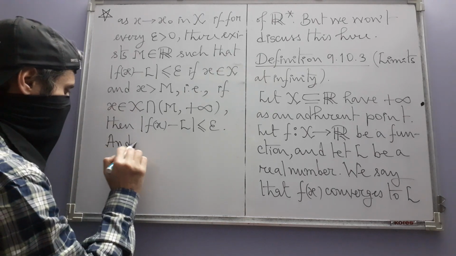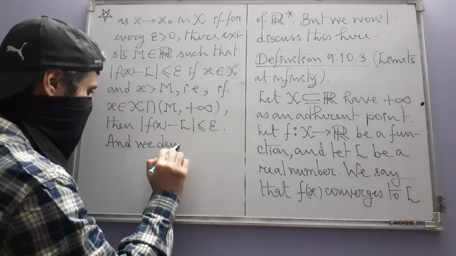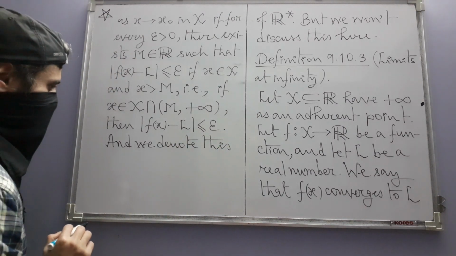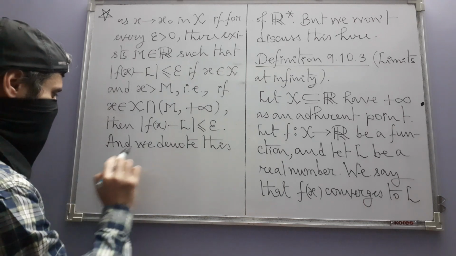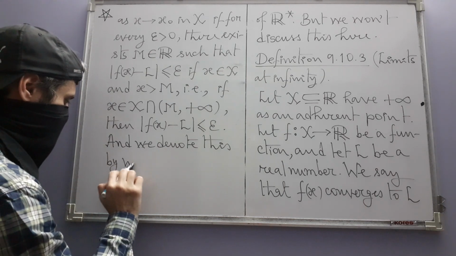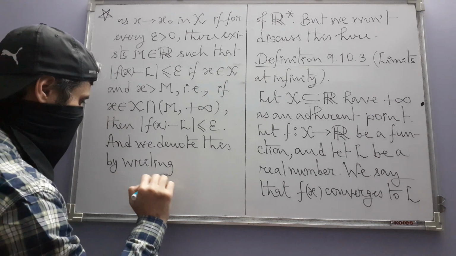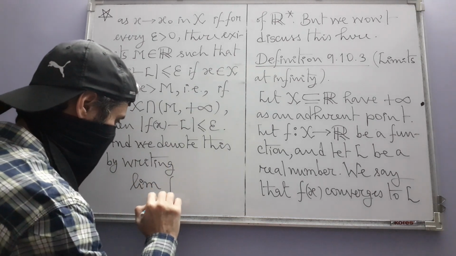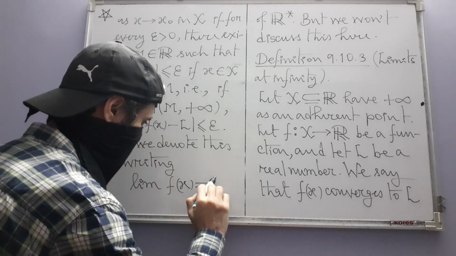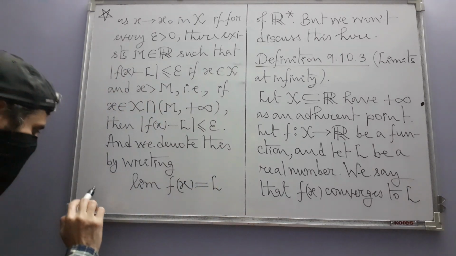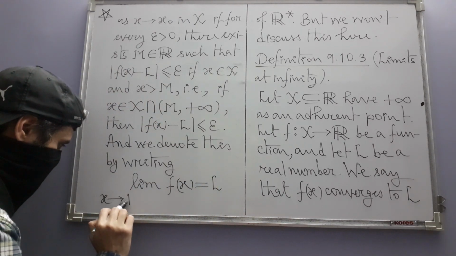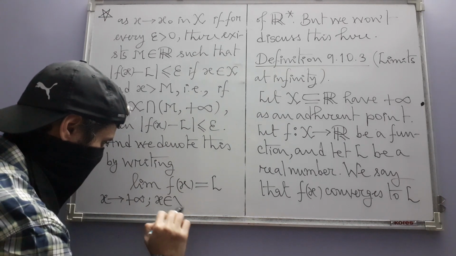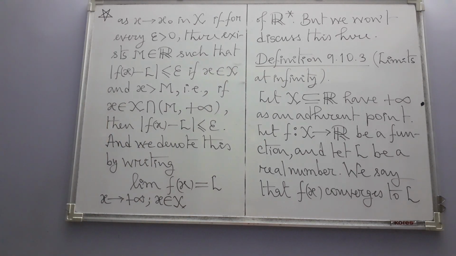And we denote this entire thing in symbols like this, by writing our usual notation actually: limit of f(x) is L as x tends to plus infinity in X. Okay.